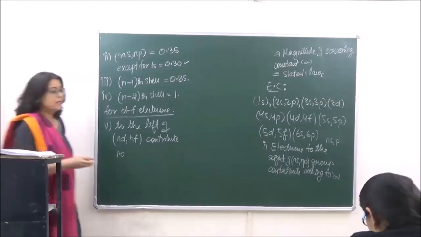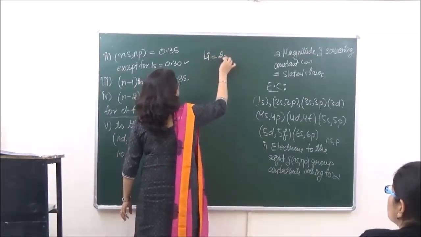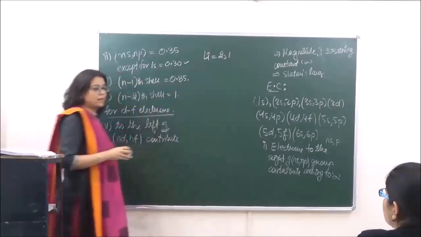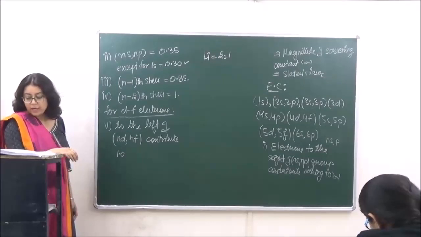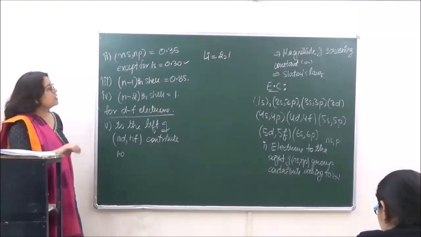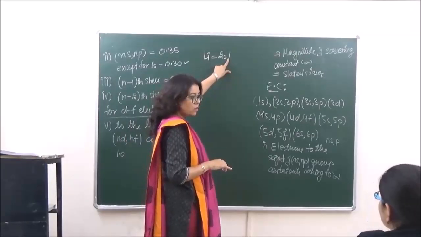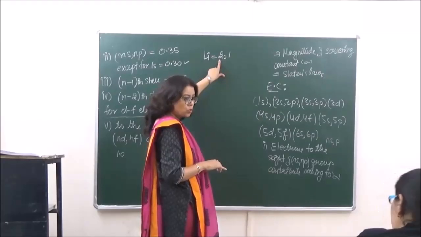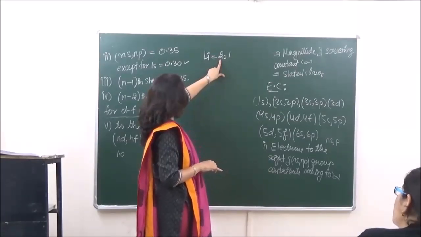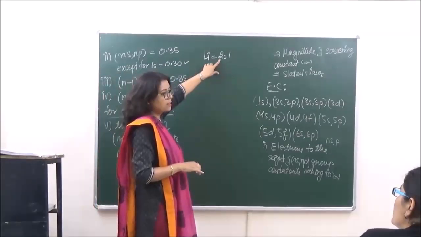The first one, let's take a simple element, lithium, with electronic configuration 2,1. The outermost electron is 1, and to the left it is 2, which is the n-1 shell.